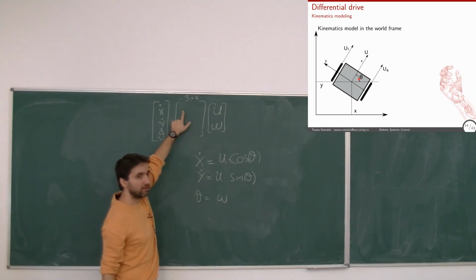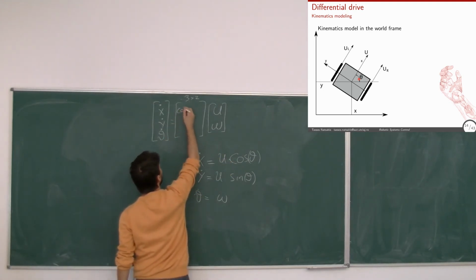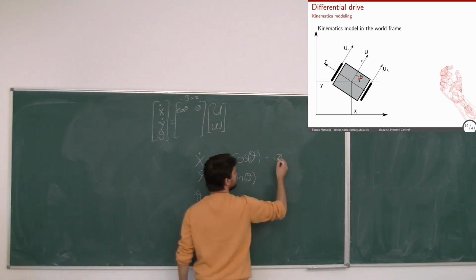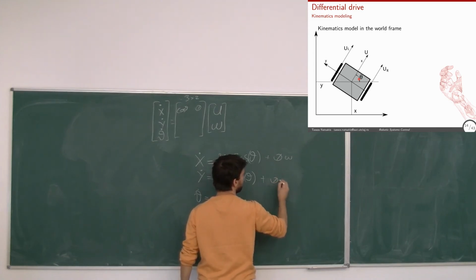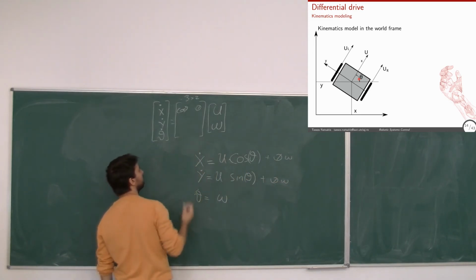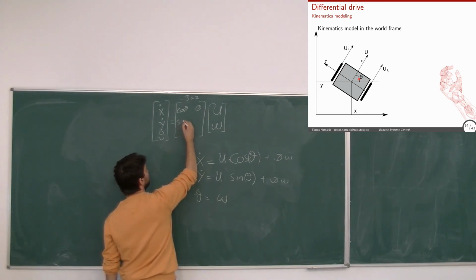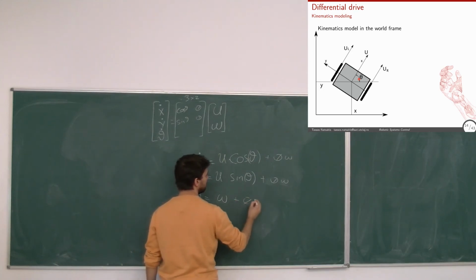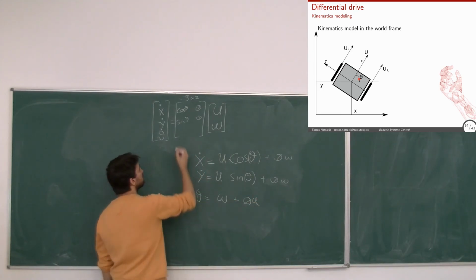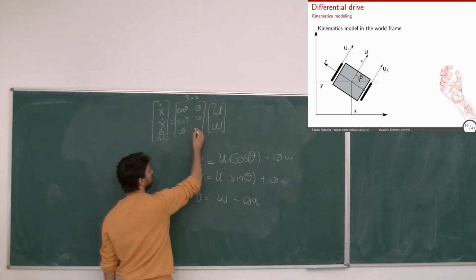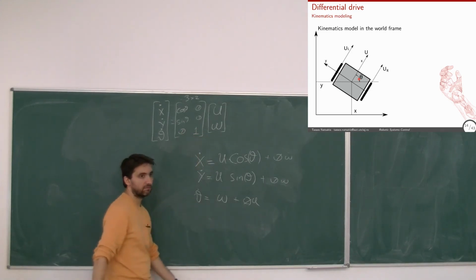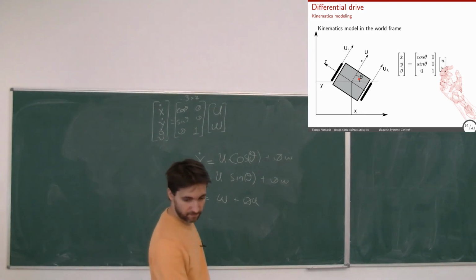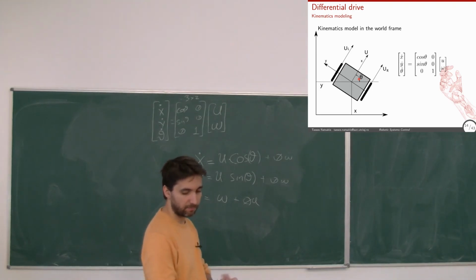So I should have cosine of theta here, 0 because I don't have, so here I have 0 times omega. Here, sine of theta, 0. Here, 0 and 1.